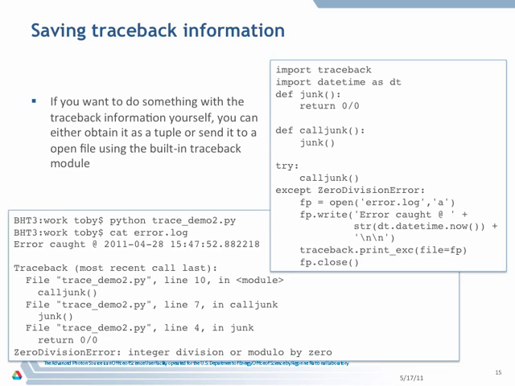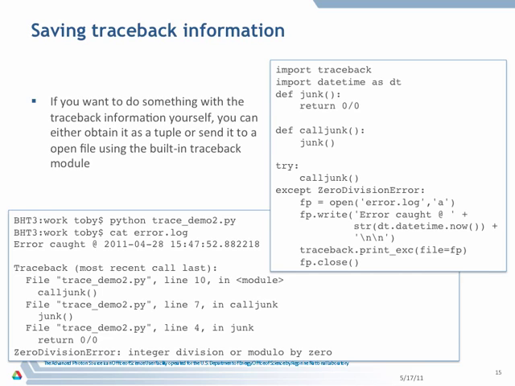And instead of before where I just did call junk, I'm putting it now inside a try statement. So try call junk, and if I get a ZeroDivisionError, then, and we'll talk about what this stuff does, but here I'm opening a file and I'm catching my error, and I'm sticking the information into a file.